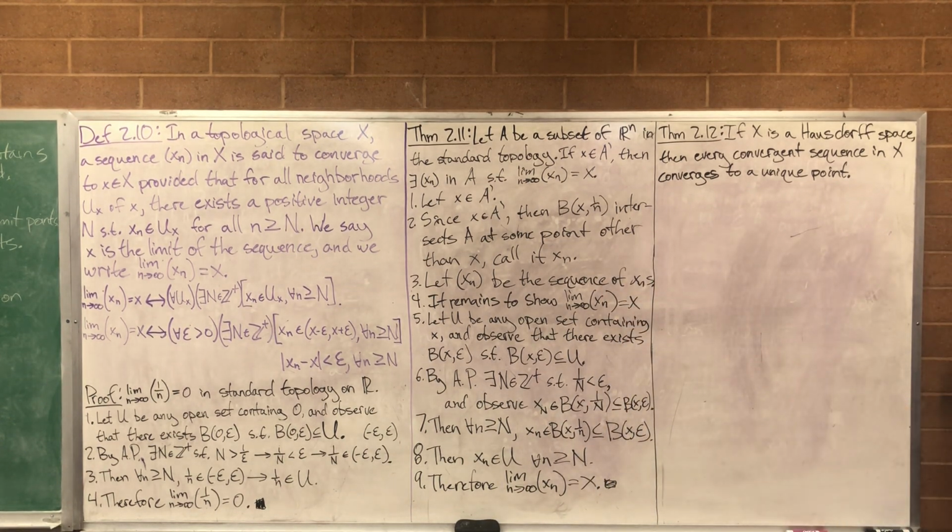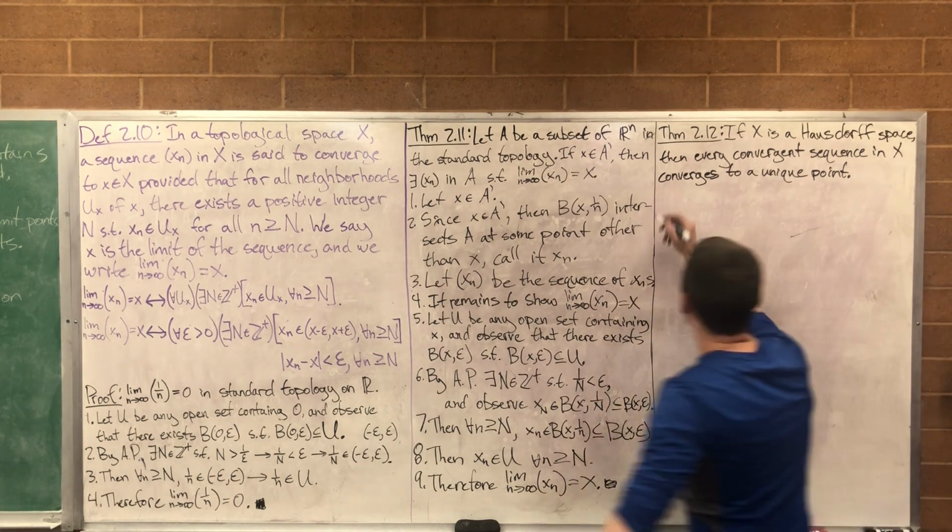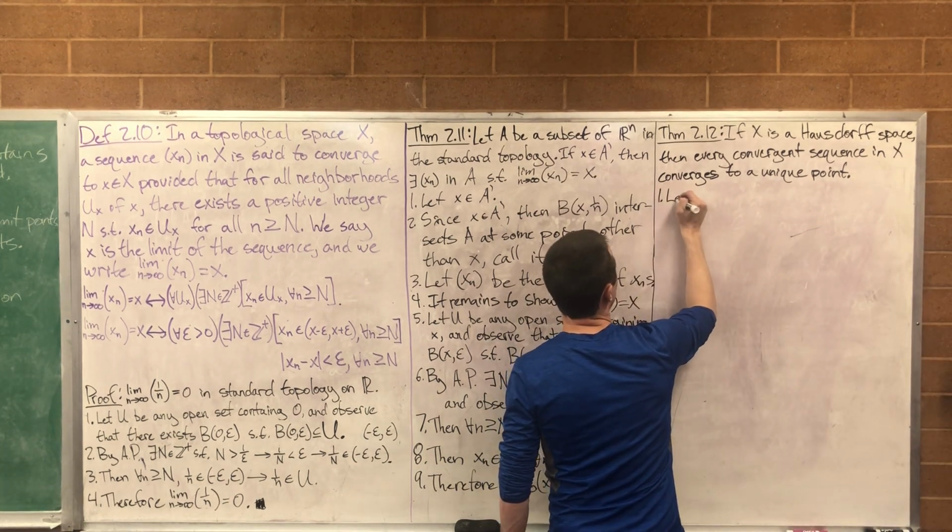Separate neighborhoods. They're housed off. Okay. So if X is a Hausdorff topological space, then every convergent sequence in X converges to a unique point. So let's go. Proof.